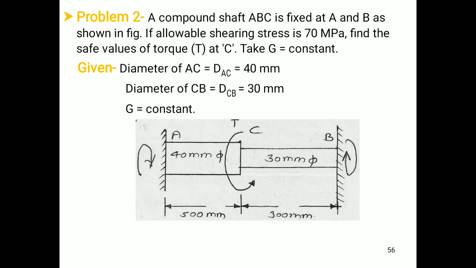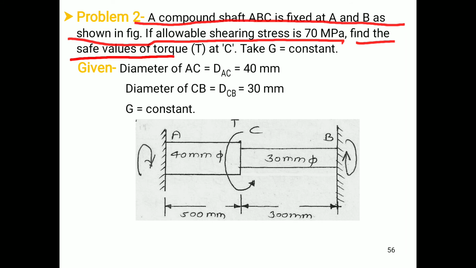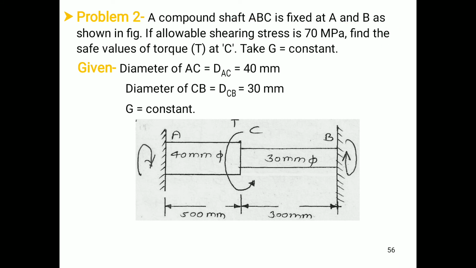The problem statement of the second numerical is: a compound shaft ABC is fixed at A and B as shown in the figure. If the allowable shearing stress is 70 MPa, megapascal, find the safe value of torque T at C. Take G as constant. As per the data given for the numerical, we have a compound shaft ABC.